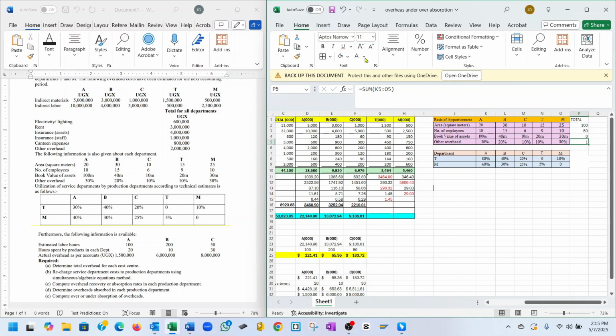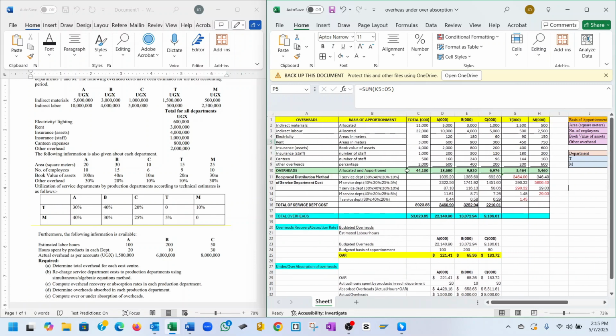So basically, what this means is that when we take 30%, which is 0.3 divided by 1 times 2 million, we are going to get 600,000.